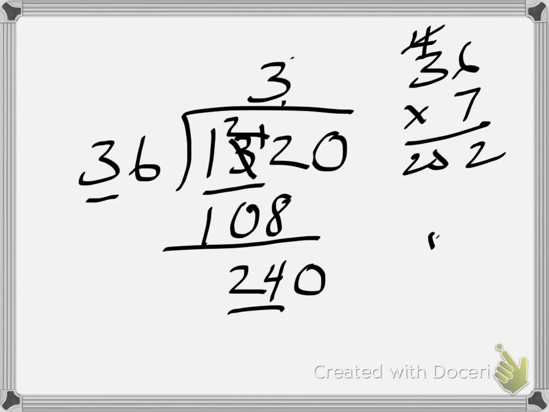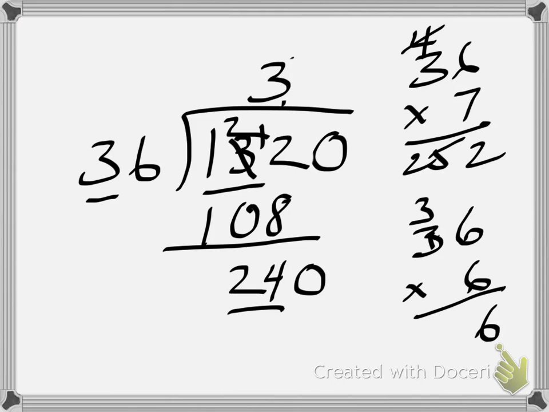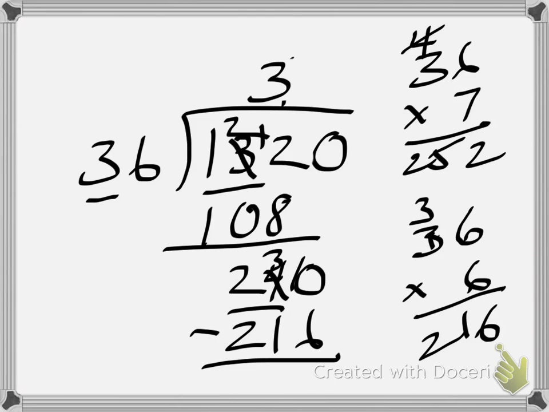That gives us 25. Still too large. So now we're going to go ahead and try 6. 6 times 6 is 36. 6 times 3 is 18, 19, 20, 21. 216. So we're going to go ahead and subtract this, and we'll get 24. So that's going to be a 6.